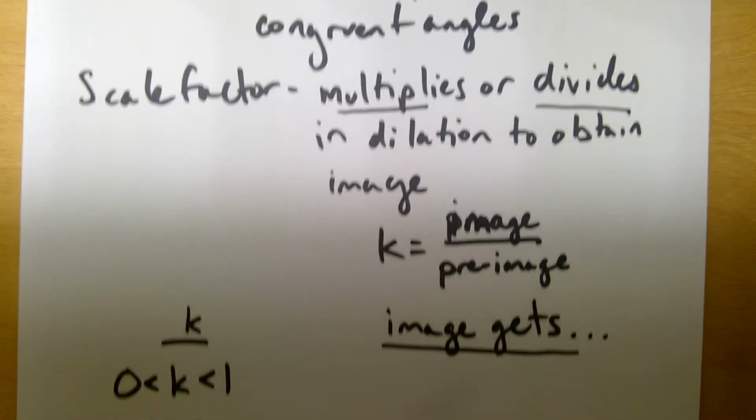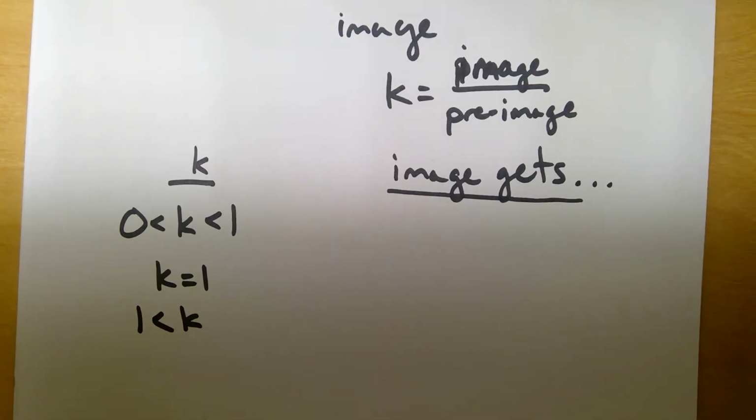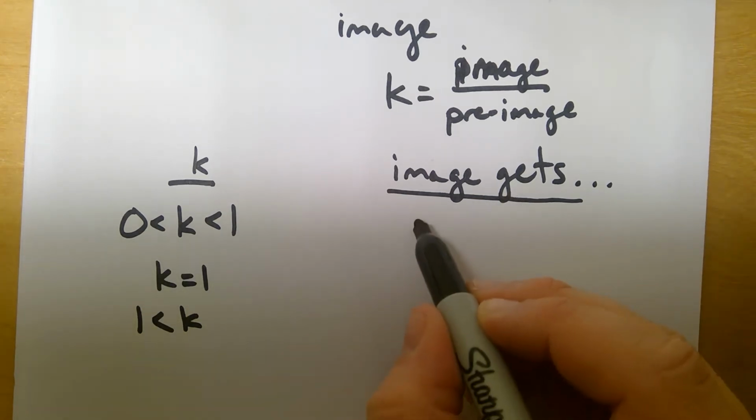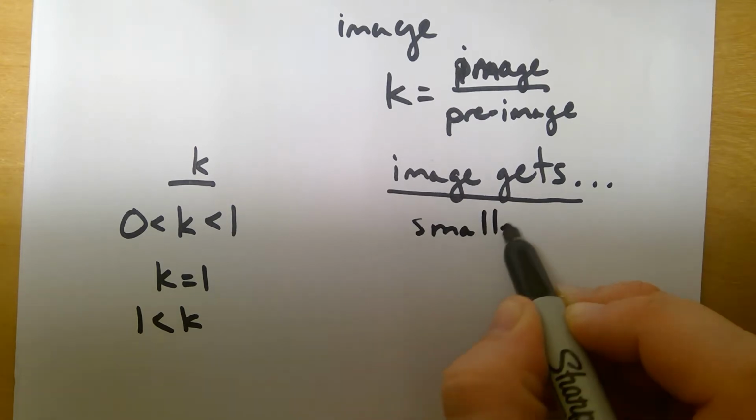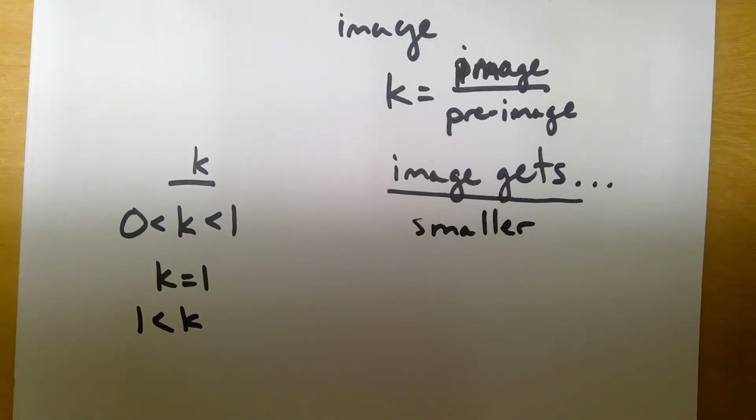Now, I do want us to be able to observe based on K what's going to happen to our image. Okay, so you've got a few questions to answer here on these three for review. So, for K, if K is less than 1 but bigger than 0, we're multiplying. So multiply by something smaller than 1, so our image is going to get smaller. Okay?